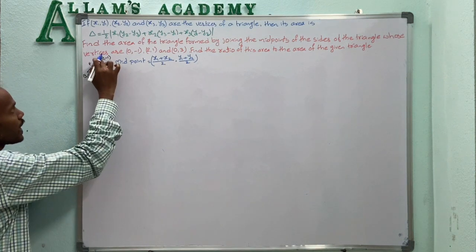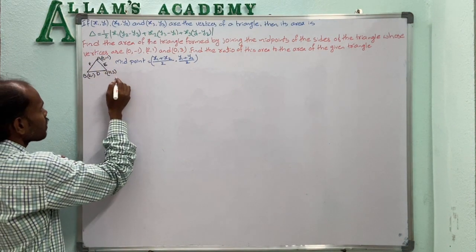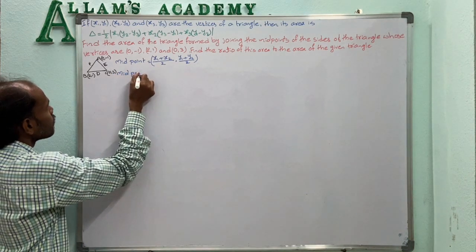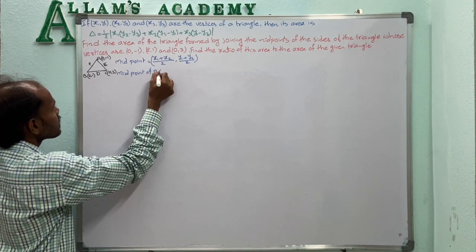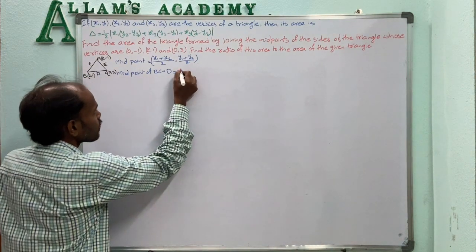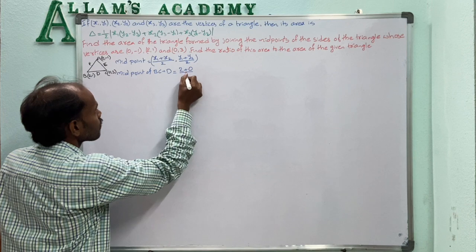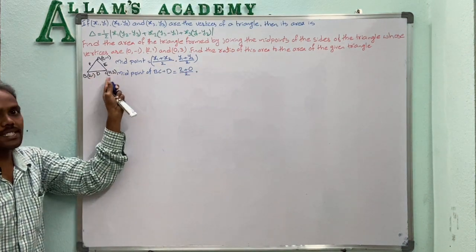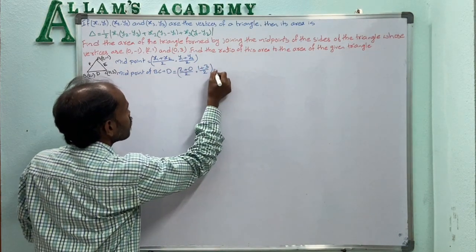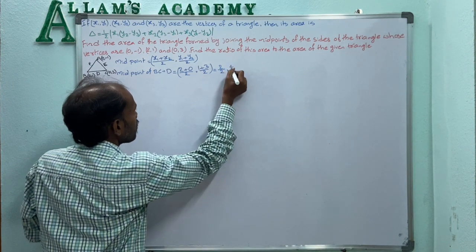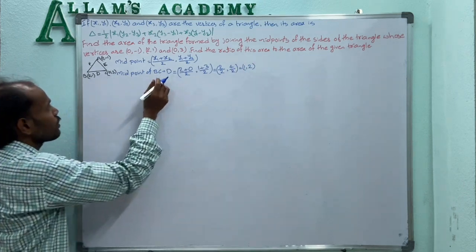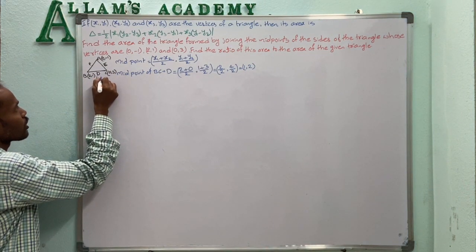Now the midpoint of BC is the point D, that is (2 plus 0) by 2, (1 plus 3) by 2. So 2 plus 0 is 2, by 2 is 1, and 1 plus 3 is 4, by 2 is 2. So the D point coordinates are (1, 2).